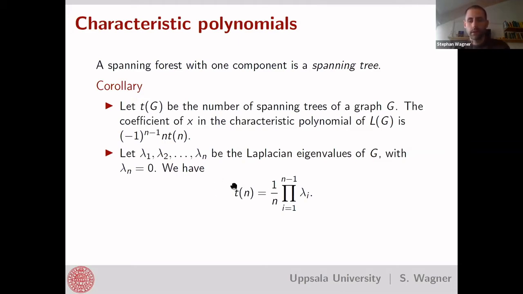And again, this number is 0 if and only if there is another 0 factor here. So again, we have this connection. Disconnected if and only if there is another eigenvalue 0.